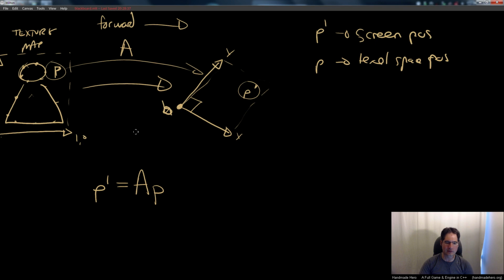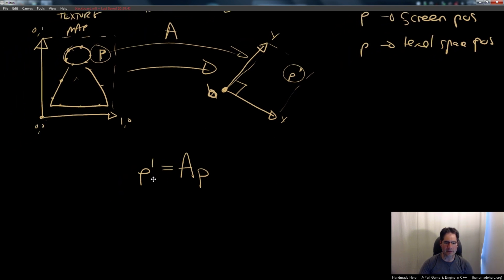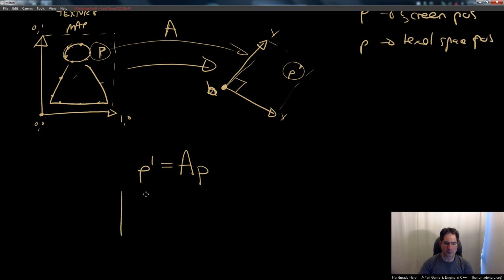So what's this P prime here, right? Well, this P prime is just the x and y coordinates of the point in screen space, right? That's literally just the screen x and the screen y. That's all we're talking about for this P prime vector.